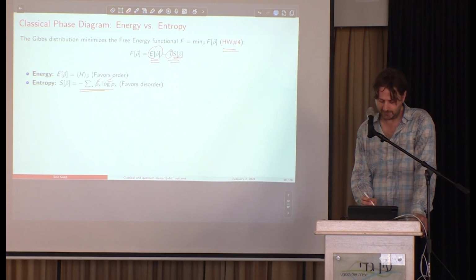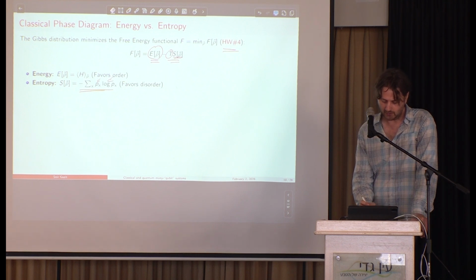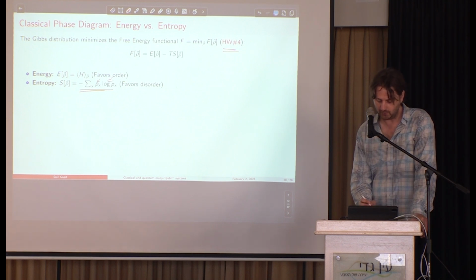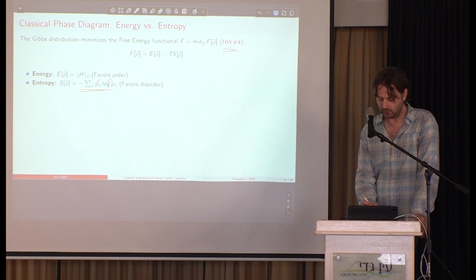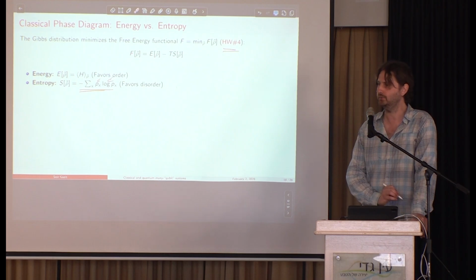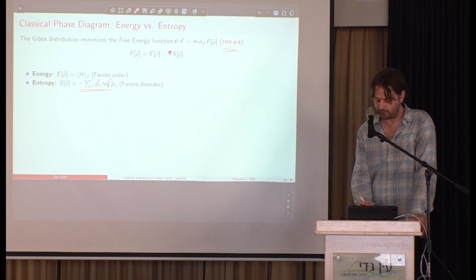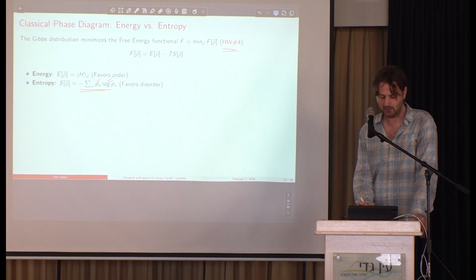So we see that if we try to minimize the free energy here, you basically have a competition. When the temperature is vanishing, zero, to minimize the free energy you would like to minimize the energy. But when the temperature is very large, you would like to minimize the second term. The second term has a minus sign, so you would like to maximize the entropy.